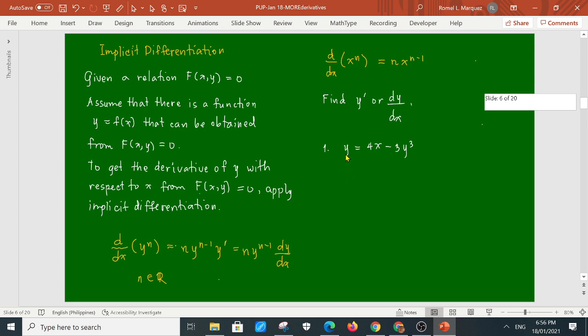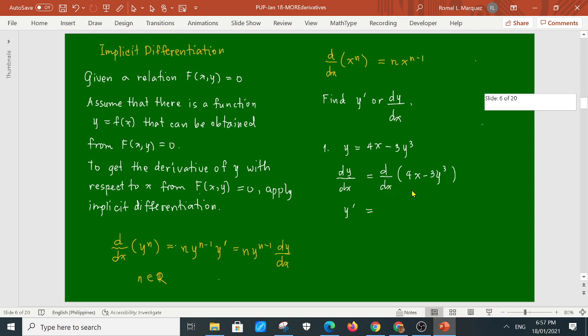First, let us get the derivative of the left, derivative ng y with respect to x, o derivative ng kanan, 4x minus 3y cubed. If I put everything on the left side, it is of the formula f of xy equal to 0. But you can get directly the derivative of the left and the right. So this is already y prime, or as is, derivative of y with respect to x.